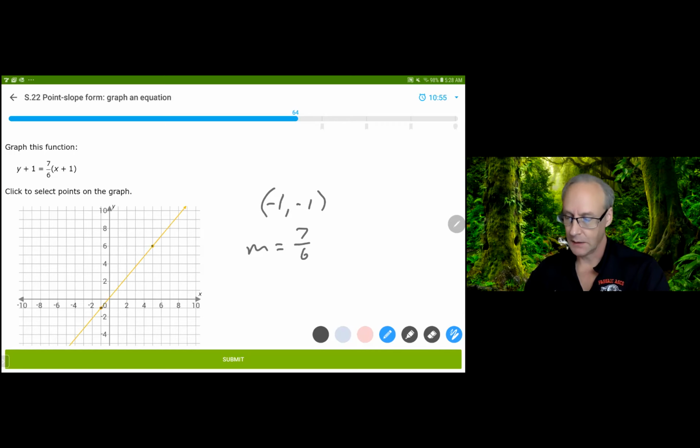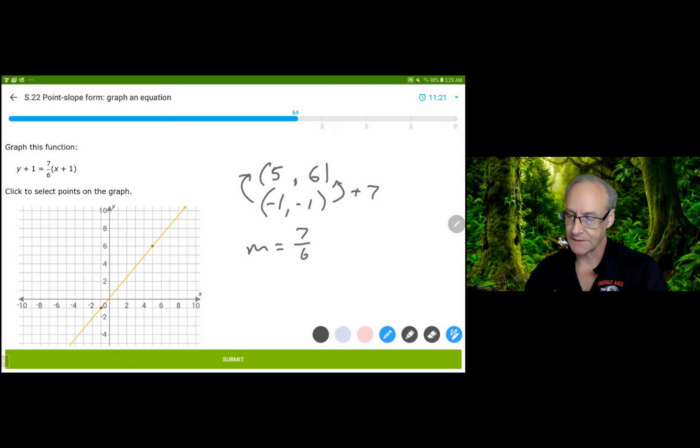So my next point is going to be 7 up, which means that from -1 on the y, I went up 7, which I can actually just figure out in my head. I went up 7, and to get to my x value, didn't I go over 6, or to the right 6, which puts me at 5? And notice I'm at the point 5, 6.